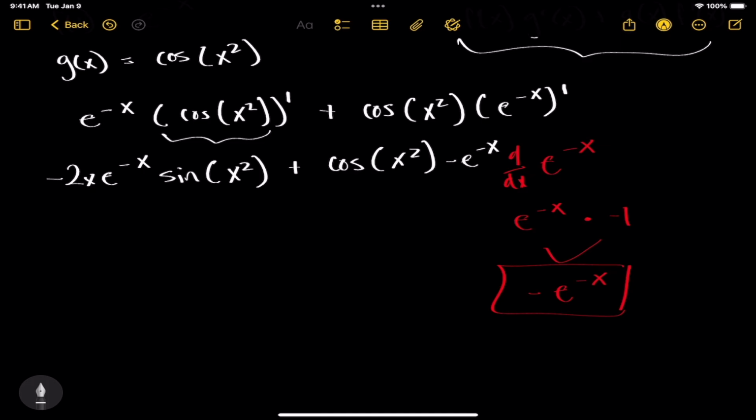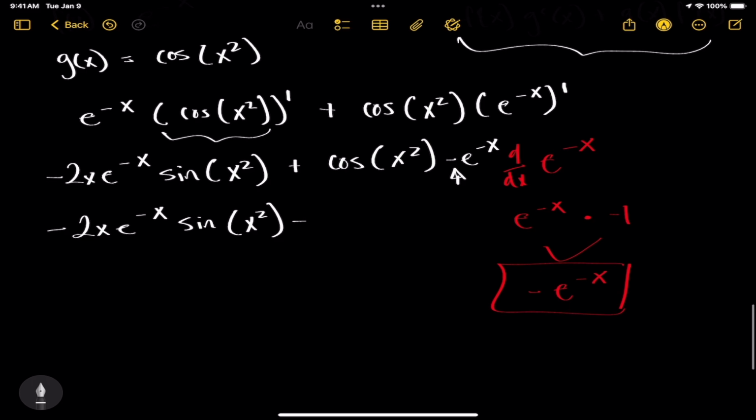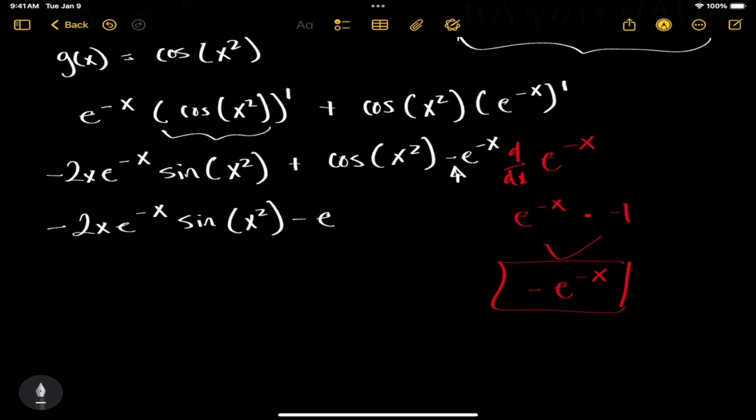So that is also rewritten as negative 2x e to the power of negative x times sine x squared minus. So now transferring this negative over to the left side, we can write the exponential function first, I guess, and then just write your cosine after that. And this will be your final answer. You could factor out the negative or the exponential function if you'd like.